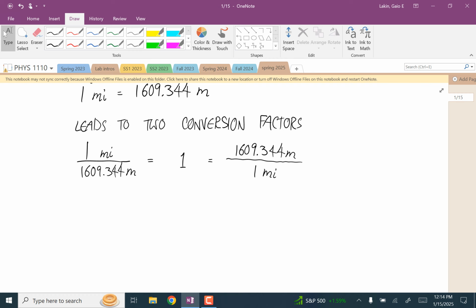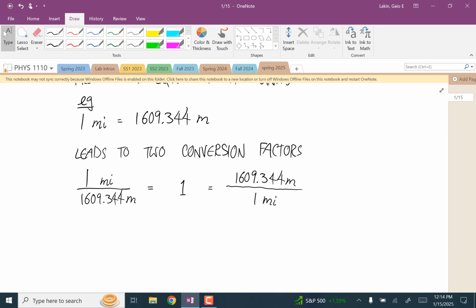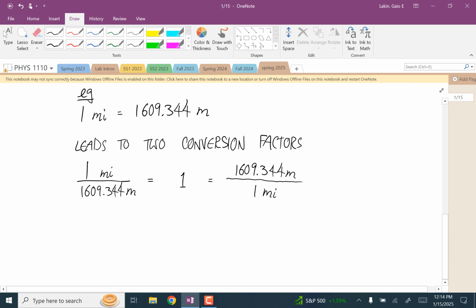Okay, so that's all I want to say about that first step. That was just an example of the conversion factor. That's how you get the conversion factors.